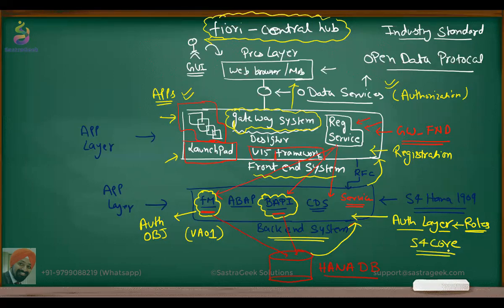That is the technical component name of your application. Similar way, the technical component of your application in the gateway system is GW_FND. So the GW_FND application needs to be installed on the system so that it works as a gateway system to expose your data to the web.